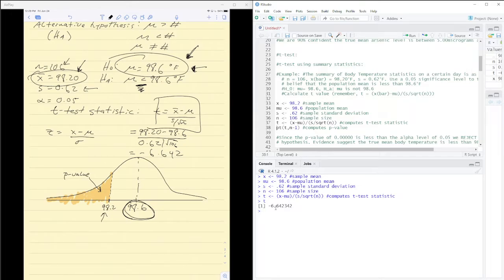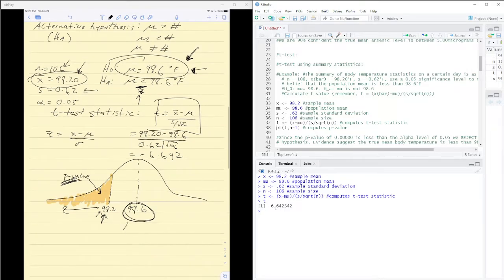So to calculate a p-value, we will do that in R. So a p-value, remember, it's a probability. This is the probability that our sample mean is 98.2 or less, because it's whatever your alternative hypothesis specifies, assuming that the real population mean is 98.6, right? And that's where that null hypothesis comes in.